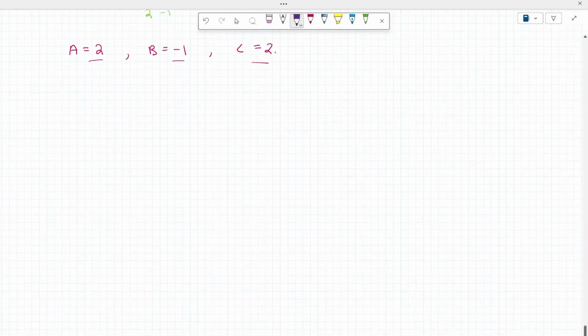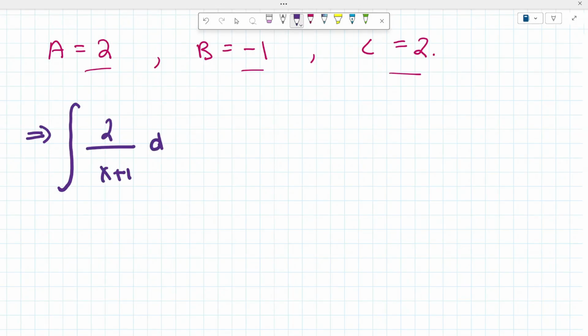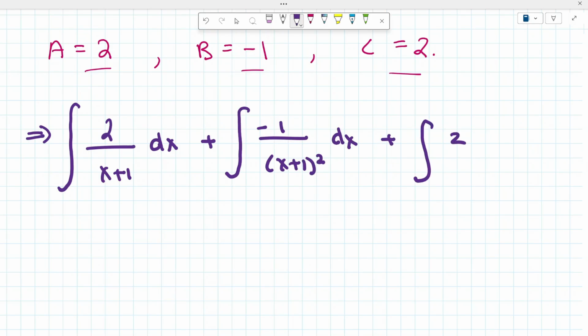Okay, so what does that give us? We end up with the integral of 2 over x plus 1 dx, because we can separate it using the linear separation law, plus the integral of -1 over (x plus 1) squared dx, and then plus the integral of 2 over (x plus 1) cubed dx.